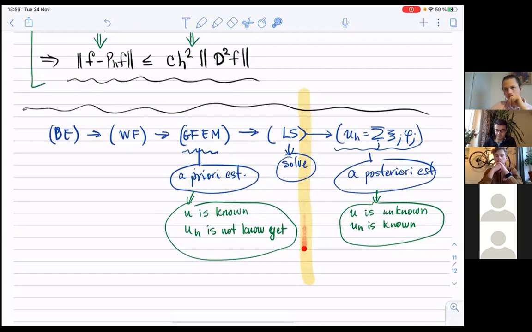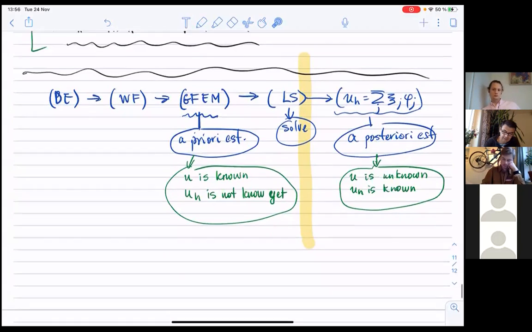Before this yellow line, we don't know UH, but assume that if you have U, not always, of course, we can do an a priori estimate, and this is really hard for nonlinear problems. Not for every nonlinear problem can we get an a priori estimate, so it's super hard. A priori means before solving for UH. A posteriori means after solving for UH. We want to estimate how accurately this UH approximates this U if it is known.